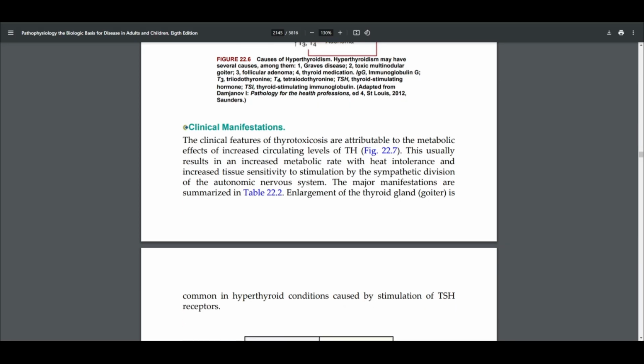The clinical features of thyrotoxicosis are attributable to the metabolic effect of increased circulating levels of TH. This usually results in an increased metabolic rate with heat intolerance and increased tissue sensitivity to stimulation by the sympathetic division of the autonomic nervous system. The major manifestations are summarized in Table 22.2.